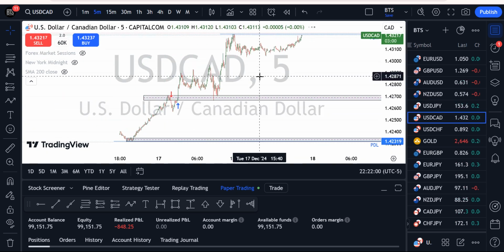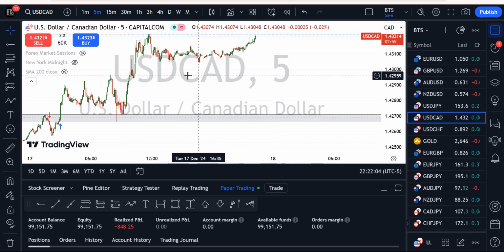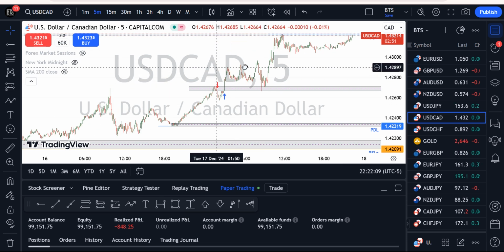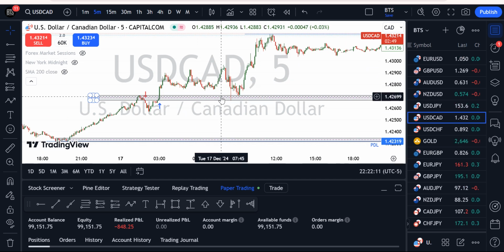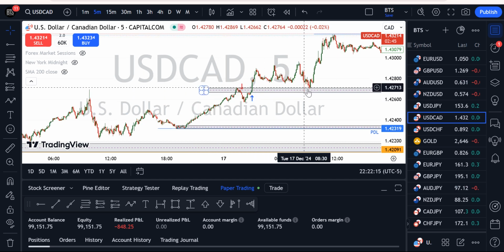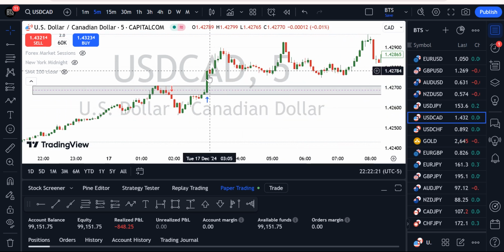USD CAD currently, I can't really say anything because we've been pushing higher and we haven't come to any place of interest. Yesterday, because we got stopped out here, I didn't look at the pair again. If not, we would have picked a buy off of this region, because prior to this break we had this fair value gap, right?